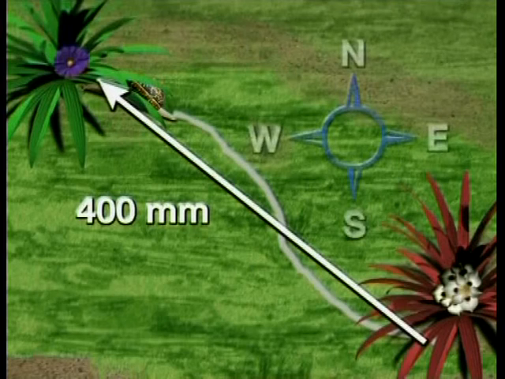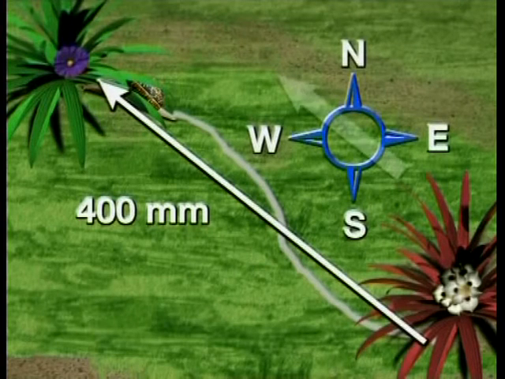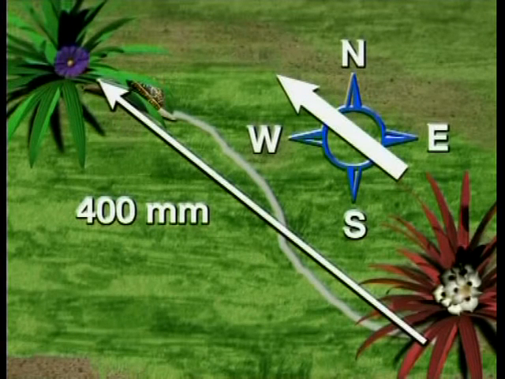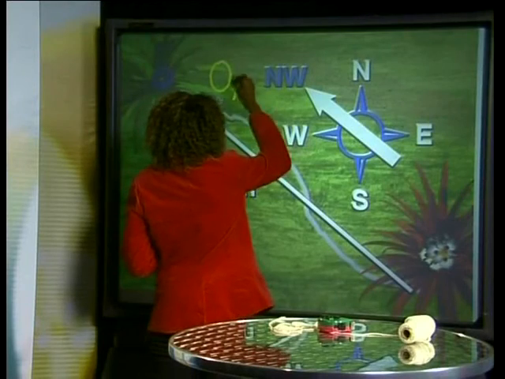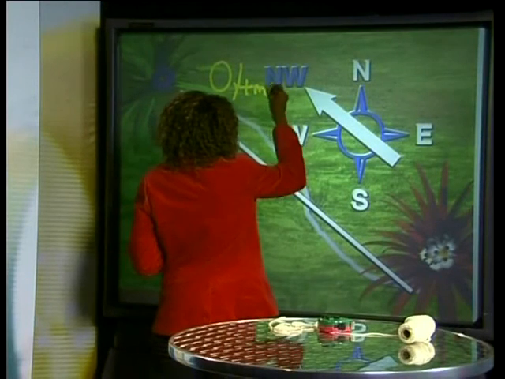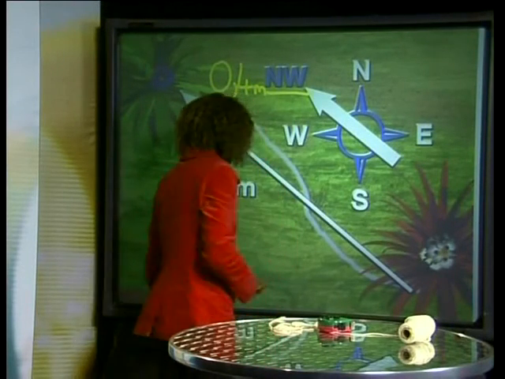Then we compare the direction of the arrow using a compass. This shows us that the snail moved towards the northwest. So, the snail's displacement is 0.4 meters northwest. Now you need to measure the distance the snail traveled using a piece of string.